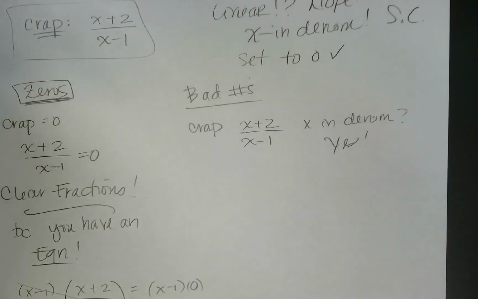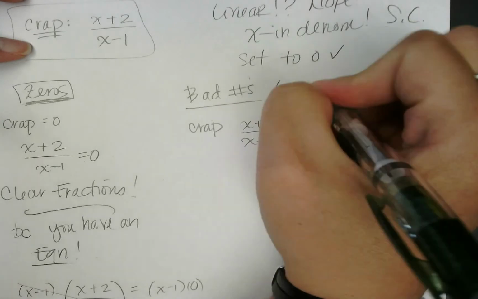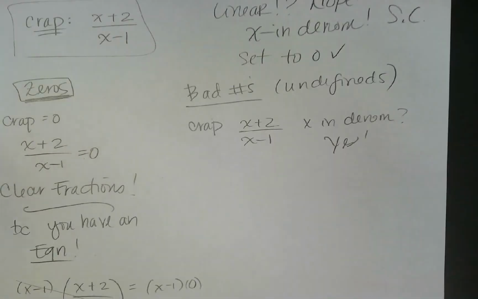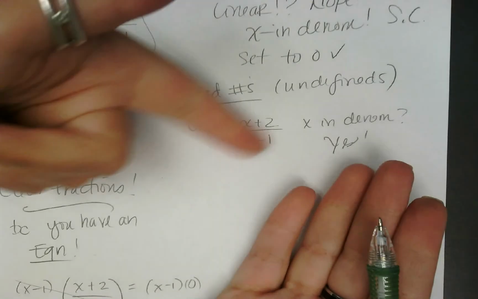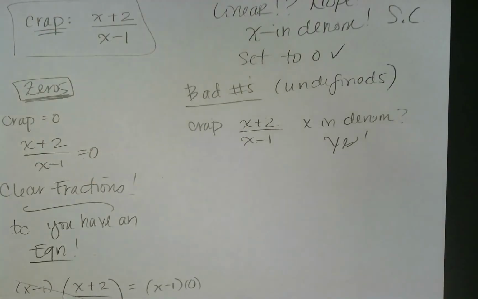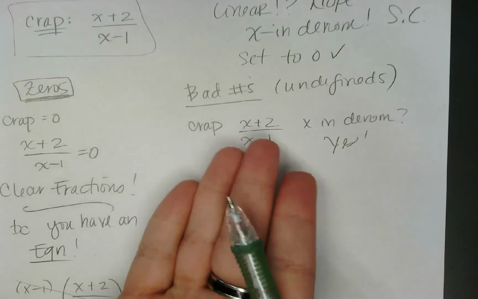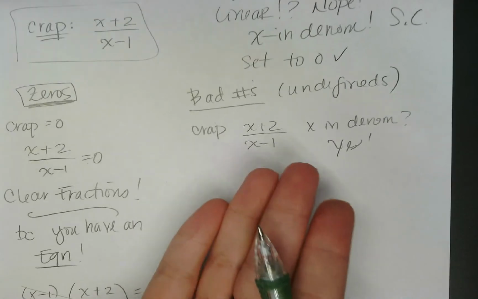And if you remember by definition, undefined, probably if you were in a Russia's class, your, what is that called? Domain issues. So in just looking at this expression, okay, forget that it was an inequality, equation, it's not a function, I don't care. Just this thing, if I wanted to plug in a number, can I plug in any number I want? No, because there's an x in the denominator.